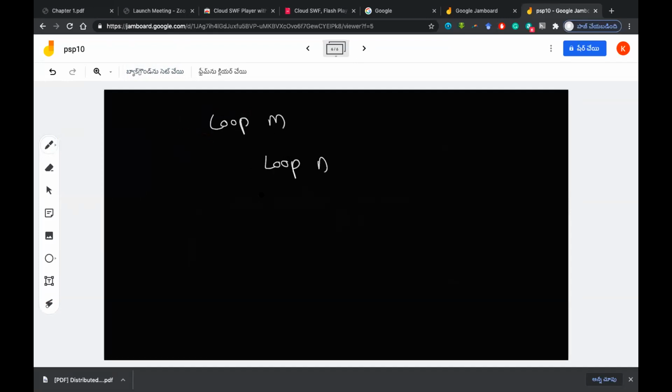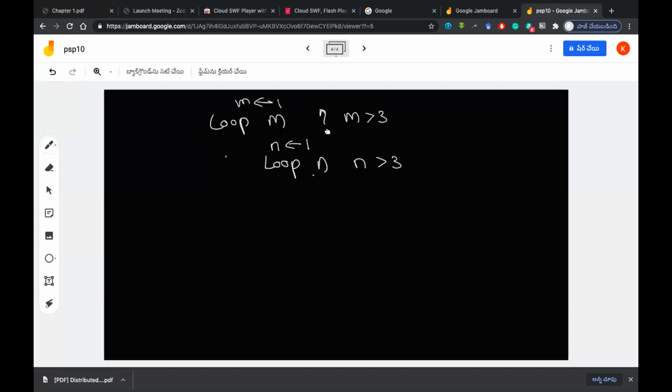Okay, so m will be initially assigned with 1, and your condition, I am representing the condition with a question mark, it should be m greater than 3. Okay, and here n will be every time assigned with 1, and the condition should be n greater than 3.